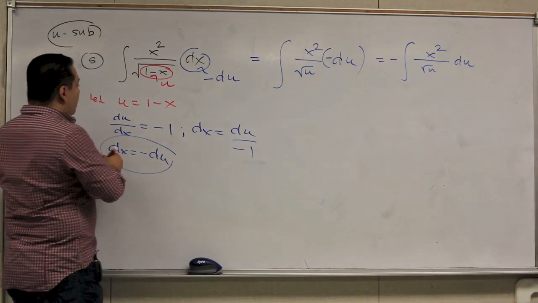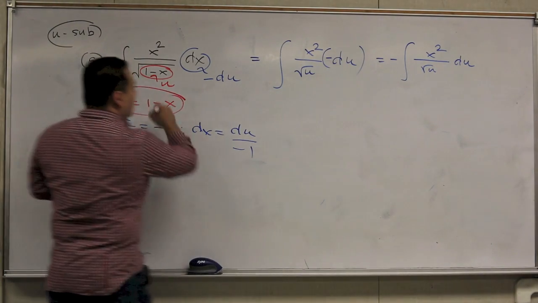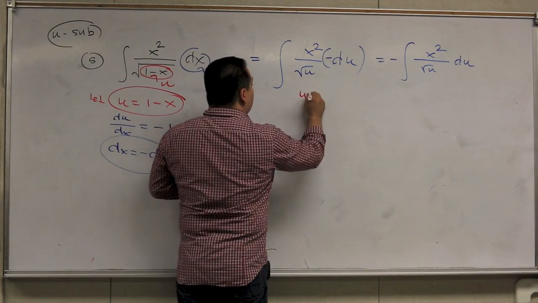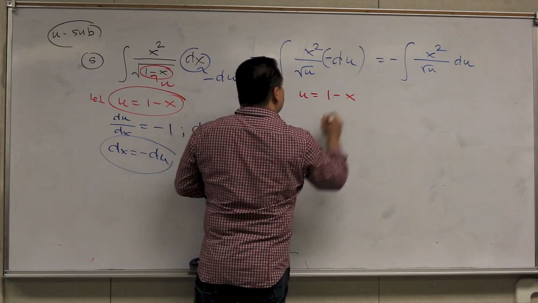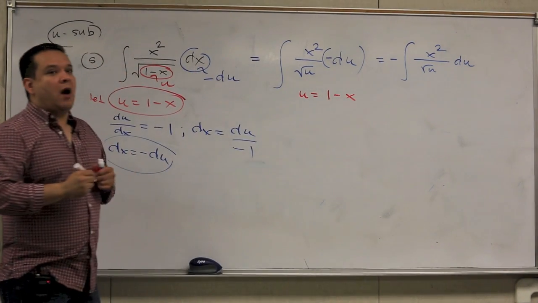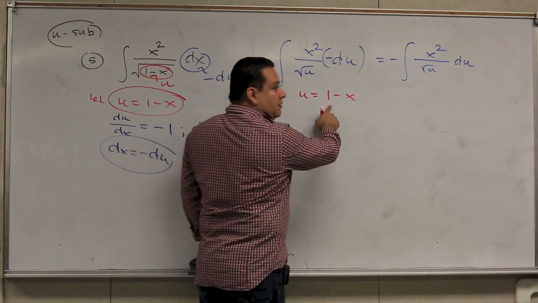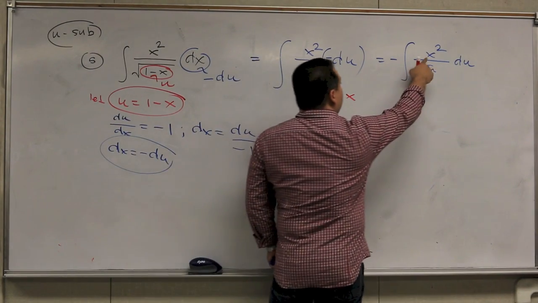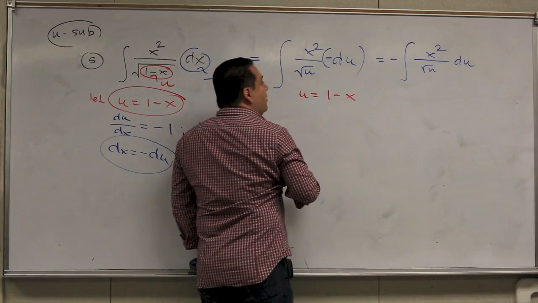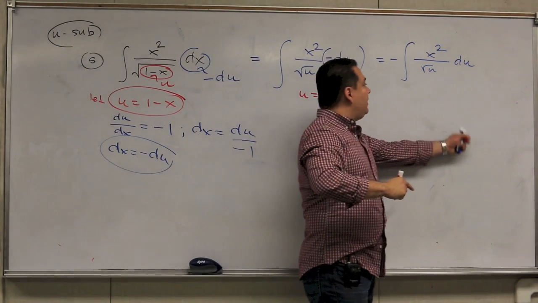Go back over here. What is u anyway? Isn't u 1 minus x? So I'm going to suggest something to you. Because you know u is 1 minus x, what do you need? X squared. More importantly, what do you really need?